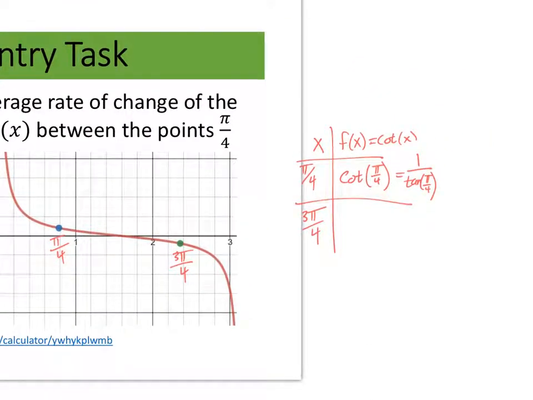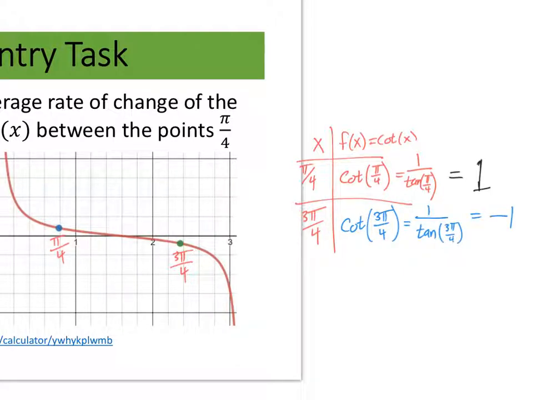If you put this into a calculator, you should get 1, which is a nice number to be dealing with. And then the other one is cotangent of 3 pi over 4, and if you don't have the cotangent button on your calculator, you can always do 1 over tangent of 3 pi over 4, and that equals -1.